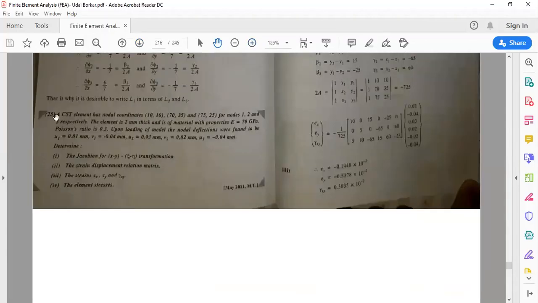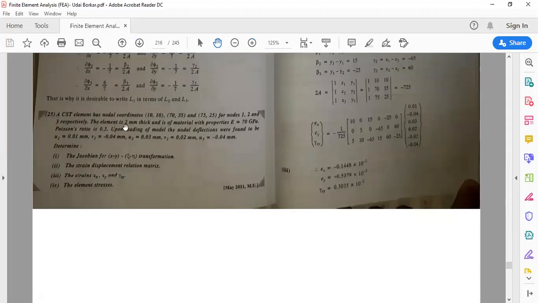See, here the CST element has nodal coordinates. CST means constant strain triangular element. The element has nodal coordinates 10, 10, 70, 35, 75, 25 for nodes 1, 2, 3 respectively.